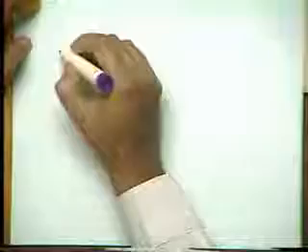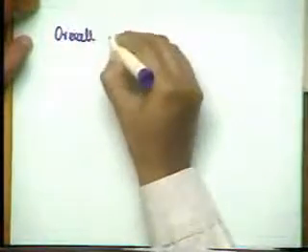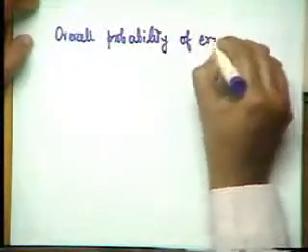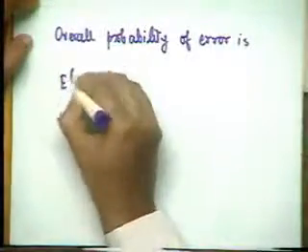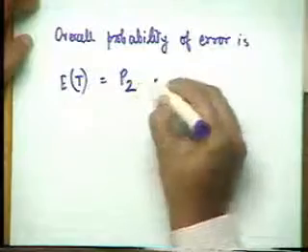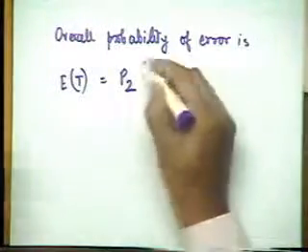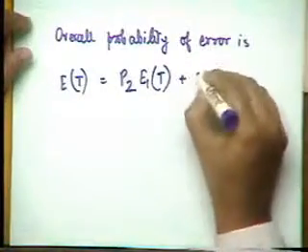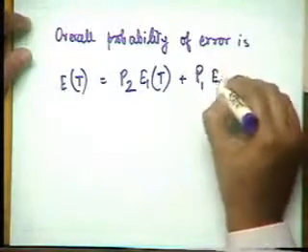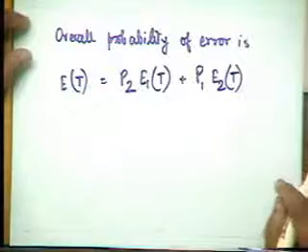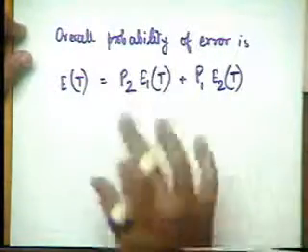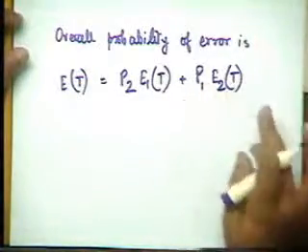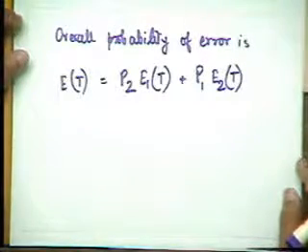So, the overall probability of error is Et, which must be written as P2 E1t plus P1 E2t, because E1t is the error for the object, so it must be multiplied by the probability that it is an object point, and the background probability is P1, and E2t is the probability that a background point is wrongly classified.